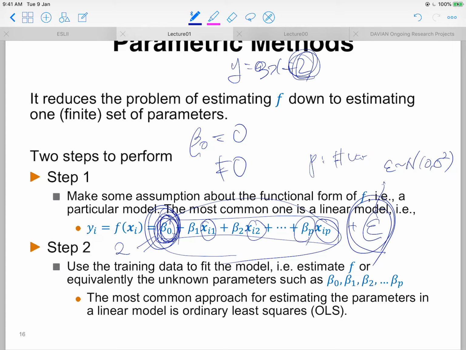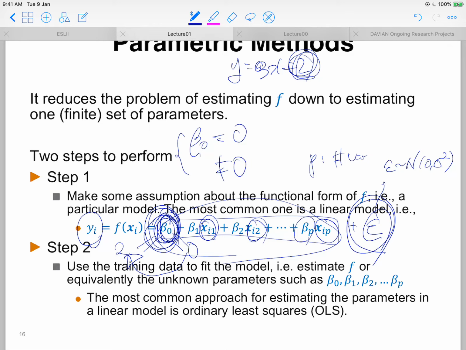Although we do not know, when considering the true generation model of y given these x's, this is really 0, but it happened to be converted into 2 based on our erroneous training data. So in that case, we can perform hypothesis testing on whether this bias is really 0 or not.